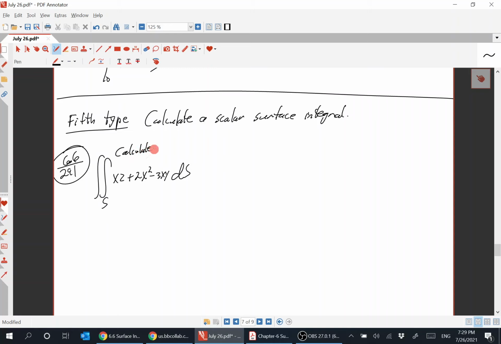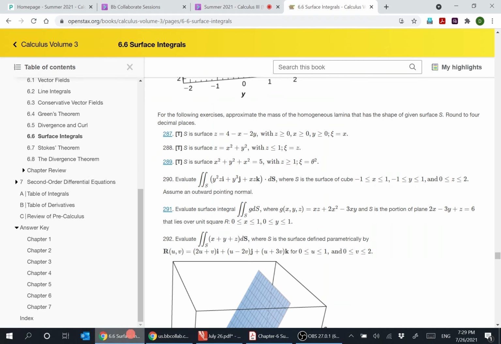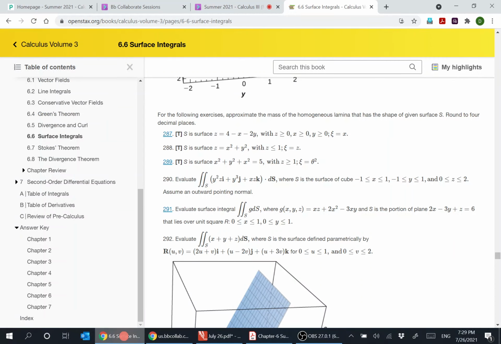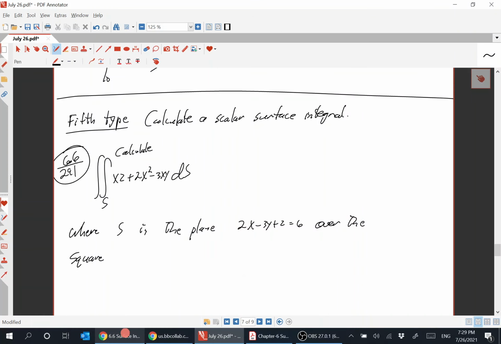Where S is the plane 2x minus 3y plus z equals 6 over the square 0, 1.